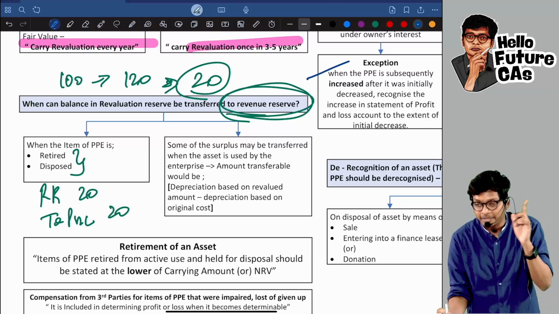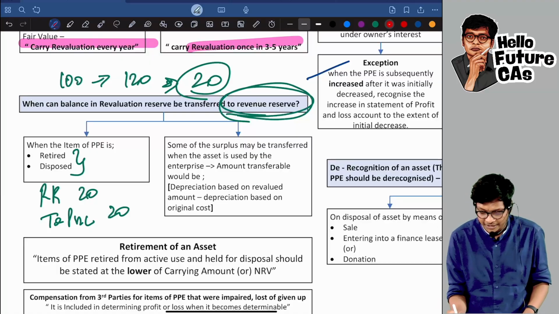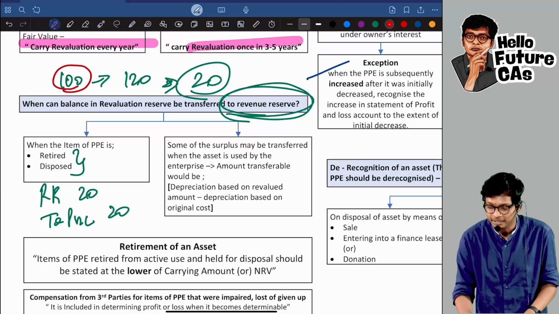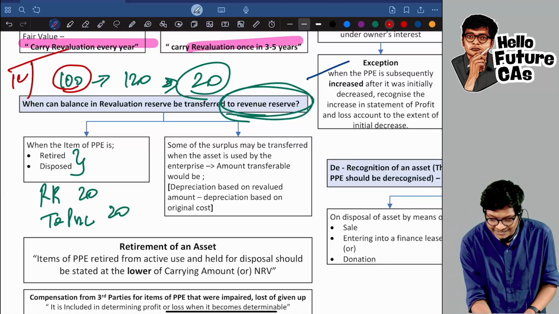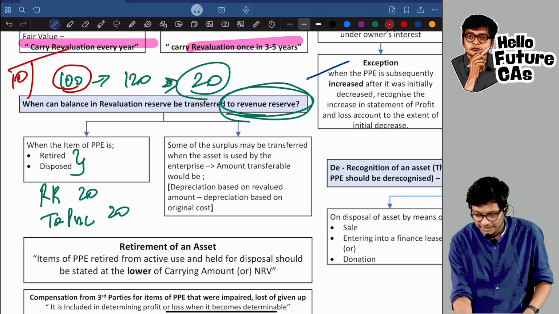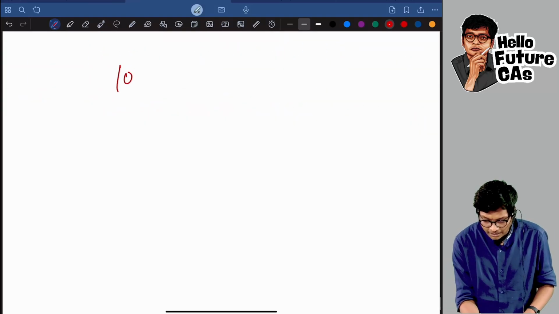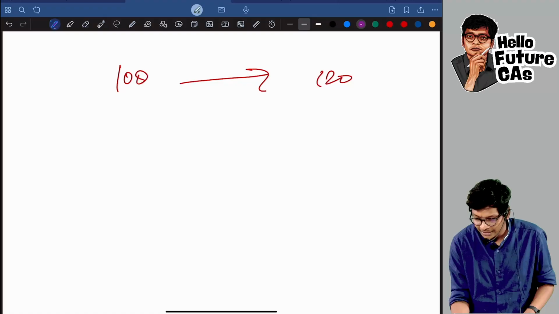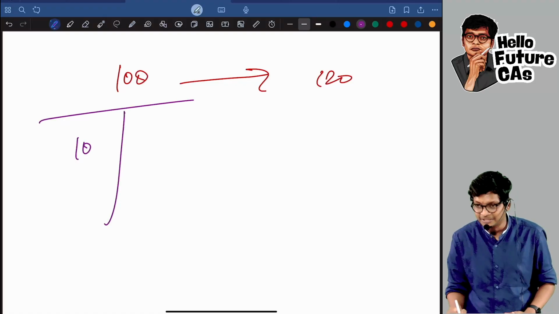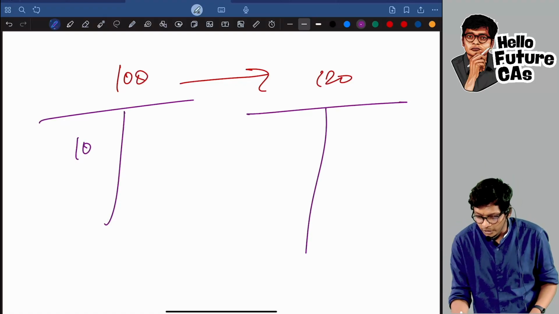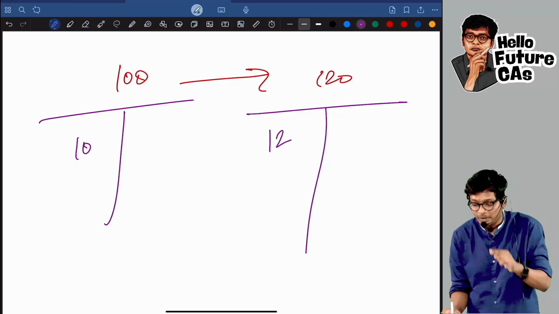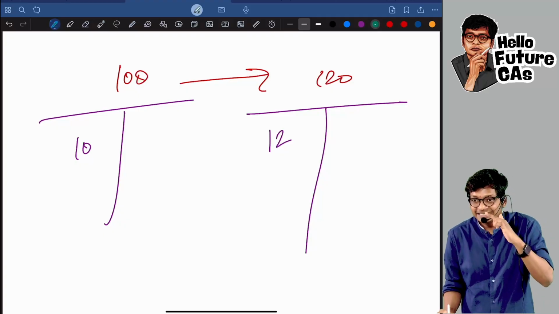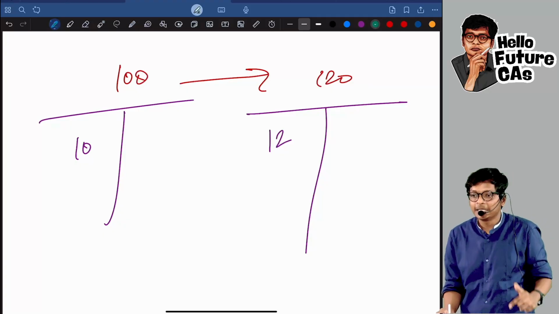This we saw in impairment also, but let me quickly repeat it over here. If the asset is 100, my depreciation will be how much, guys? 10. Correct? See, if the asset is 100, depreciation at 10% is 10. If the asset is revalued to 120, depreciation will be 12. Now because of revaluation, this led to an increase in depreciation.